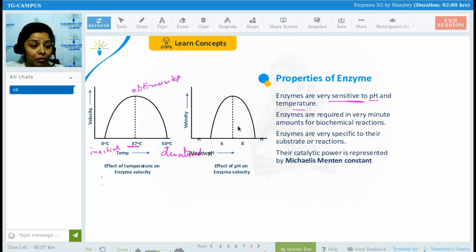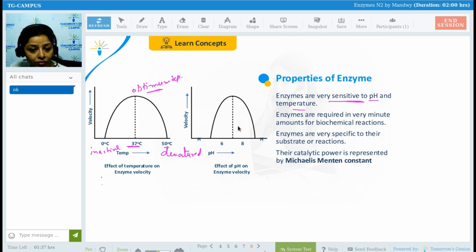Are you getting me? Enzymes will work properly only at the optimum temperature, that is 37 degrees Celsius. Our normal internal body temperature is also 37 degrees Celsius, and that's why all the enzymes present inside the cell perform or accelerate the metabolic reactions.